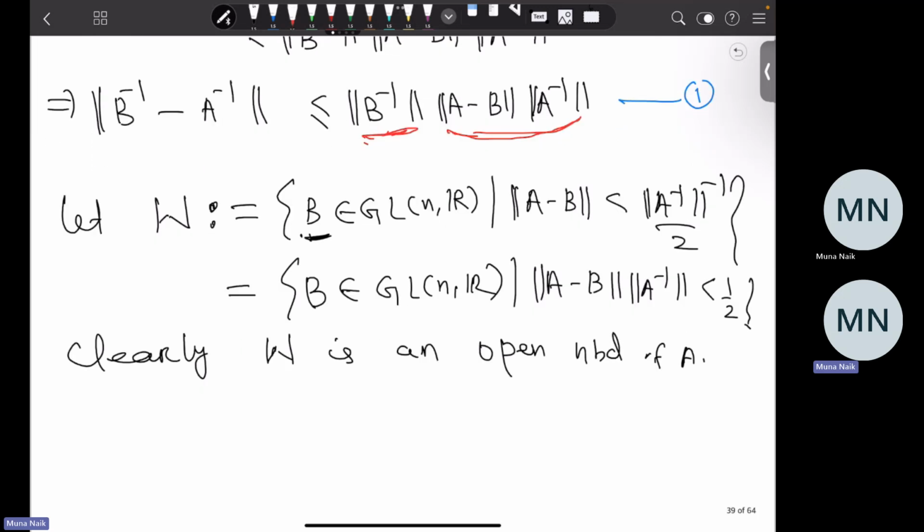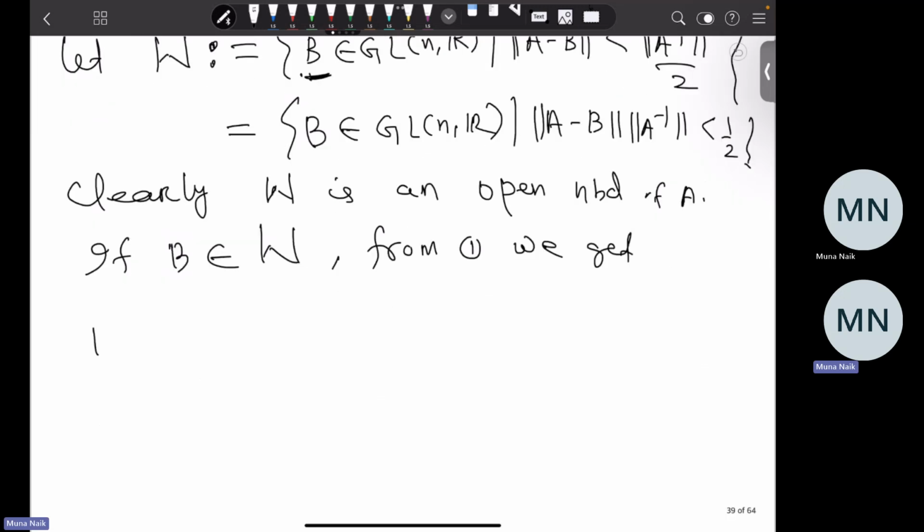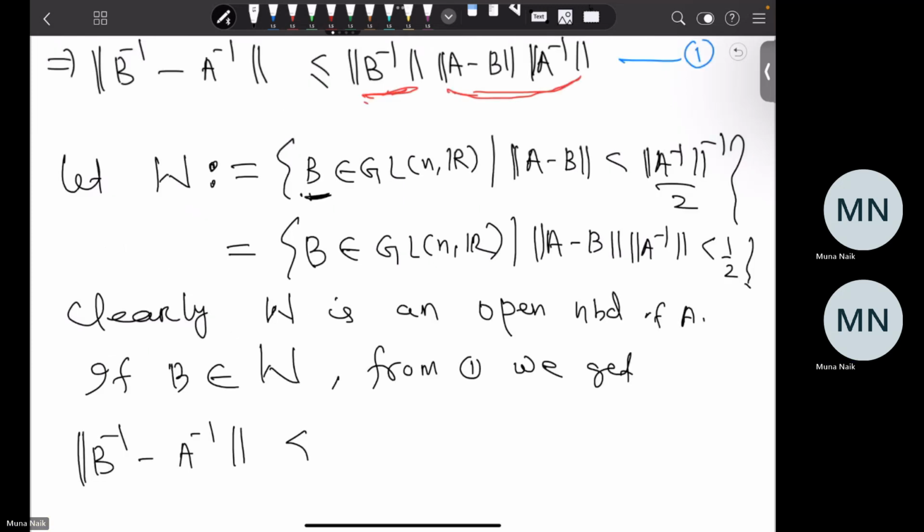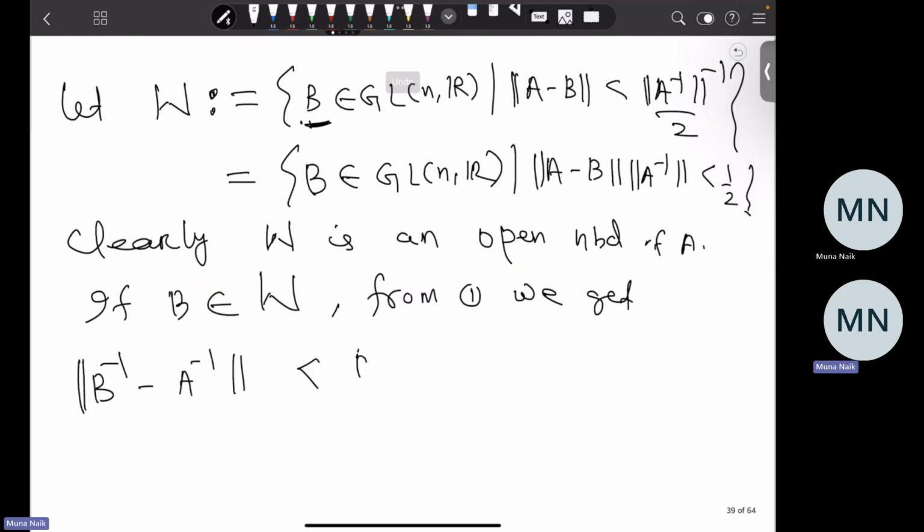So if B belongs to W, from (i) it follows that the norm of B inverse minus A inverse is less than the norm of B inverse by 2.